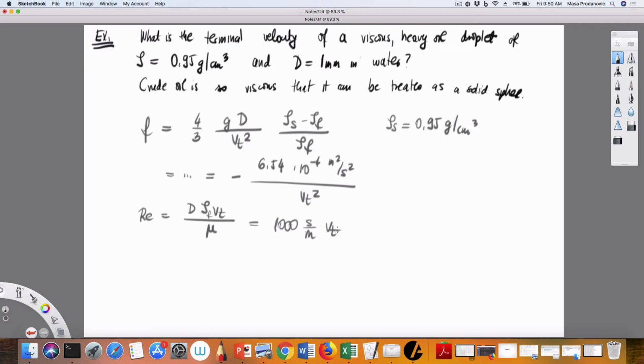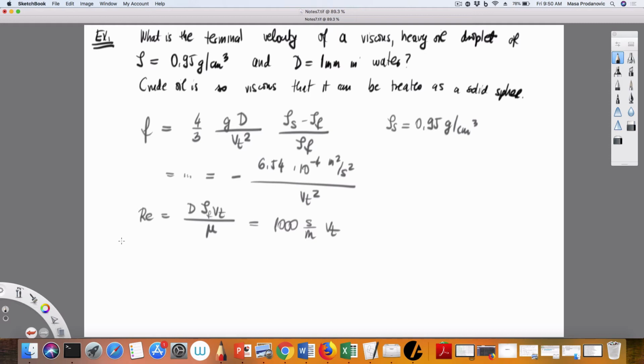So now, I have done all kinds of experiments, and I actually have the correlations between my friction factor f and my Reynolds number. We didn't actually derive it, but I showed you the graph. So technically, I know that my friction factor is a function of Reynolds number.